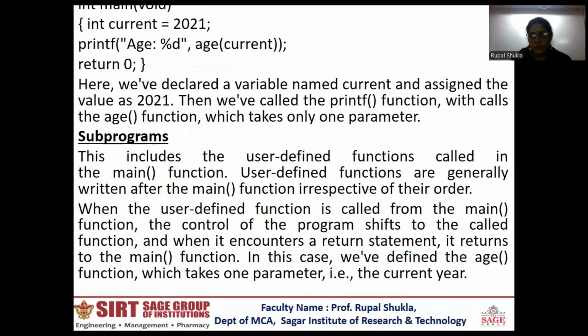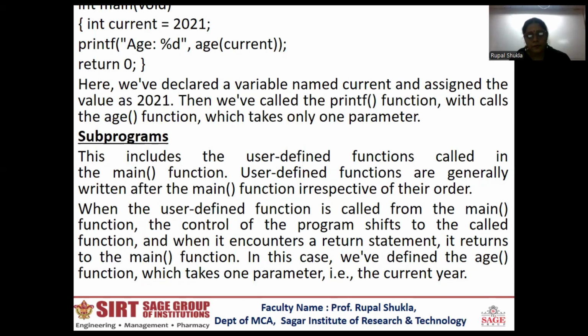int main void, then the program starts where current is the variable which is of integer type and is assigned the value 2021. This program gives out the output age in the form of an integer.